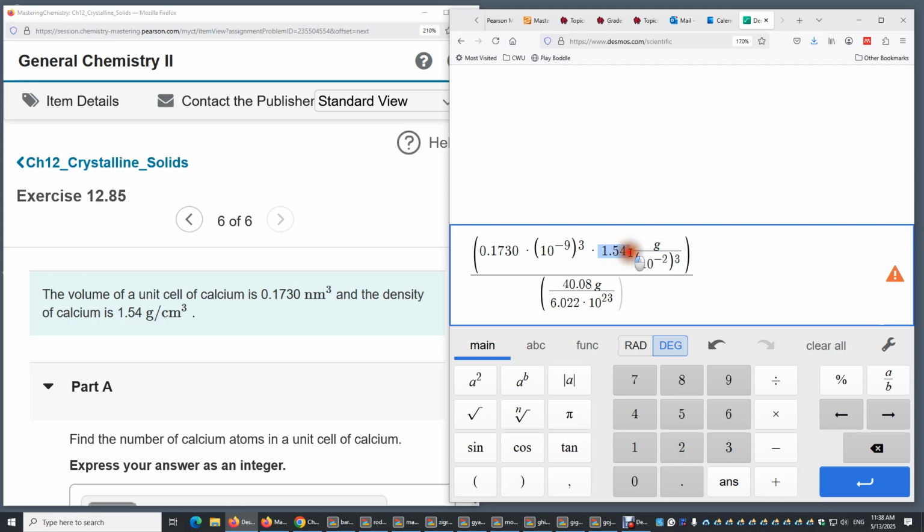On top we have the volume of a unit cell in cubic meters, because I converted nanometer to meter. I converted cubic nanometer to cubic meter.